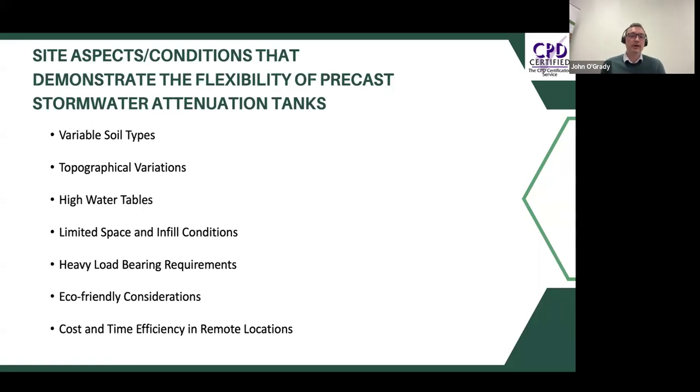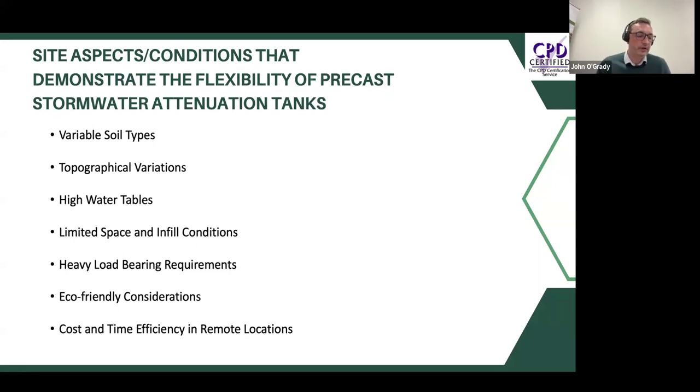High water table is another area where this type of system comes into its own. I mentioned, I think, in the design aspect, if somebody's engaging us on a project to design, manufacture, and install, the first thing we look at is obviously the current design drawings, site layout, etc. But also we request an SI report, and that has to be factored in so that we look at the ground conditions, is there a high water table, and that we can actively then design out any potential flotation issues.